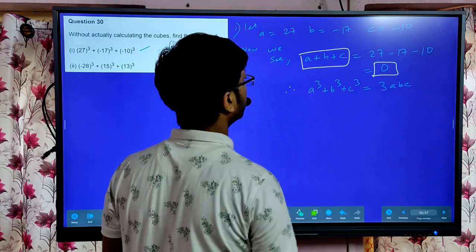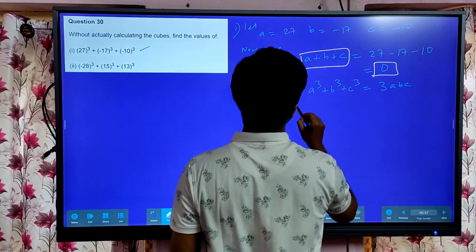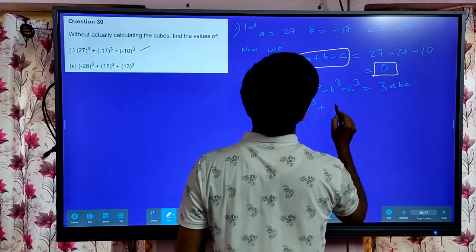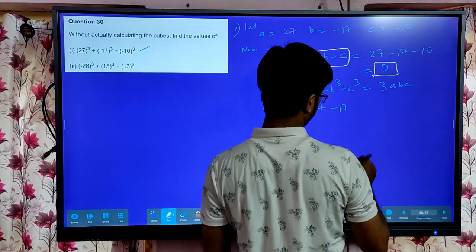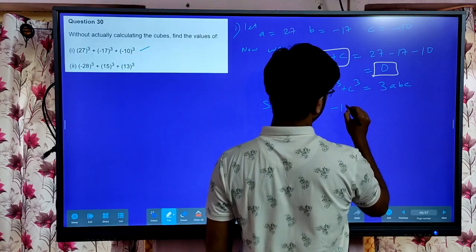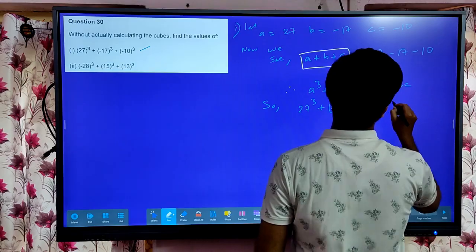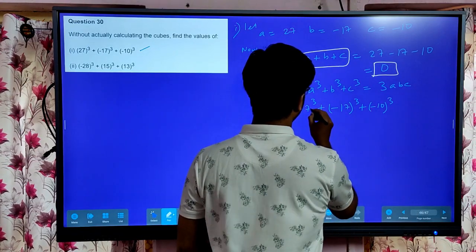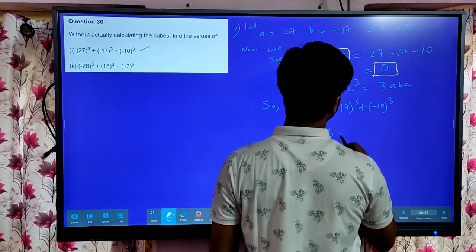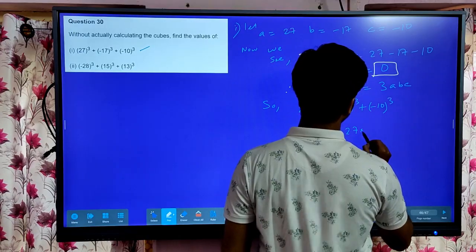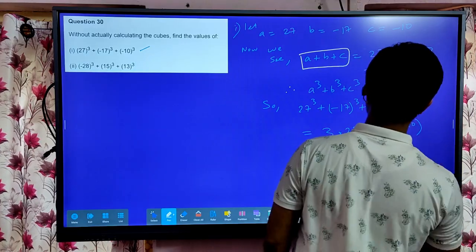So in place of a, write 27 cube plus minus 17 cube plus minus 10 cube equal to 3 into 27 into minus 17 into minus 10.